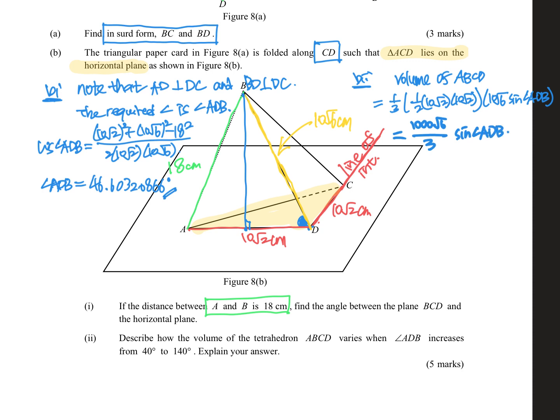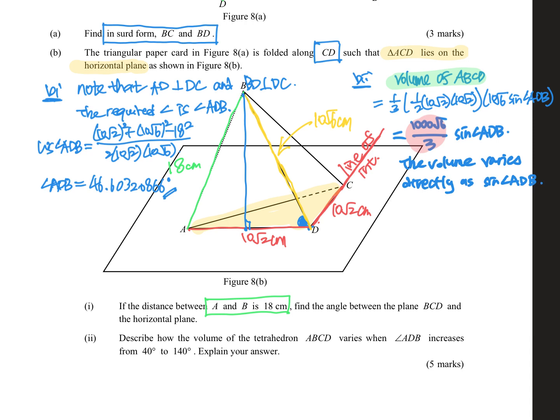So we have a quantity equal to a constant times sine of angle ADB. This is crucial, a must for us to put down. So I'm afraid the volume varies directly as sine angle ADB.